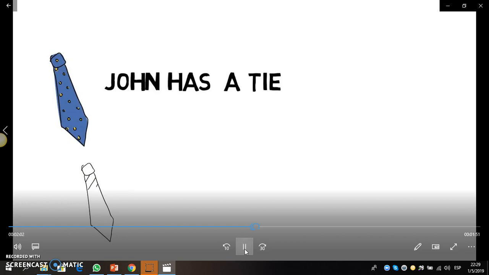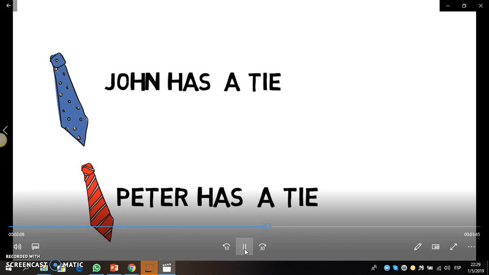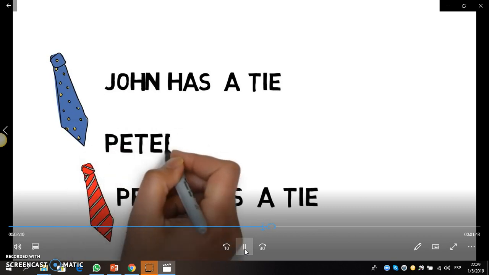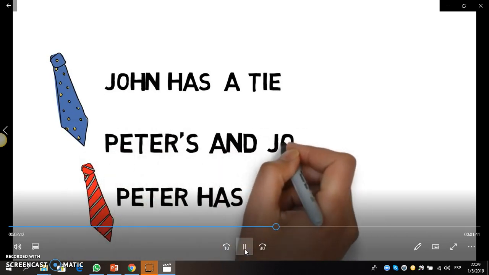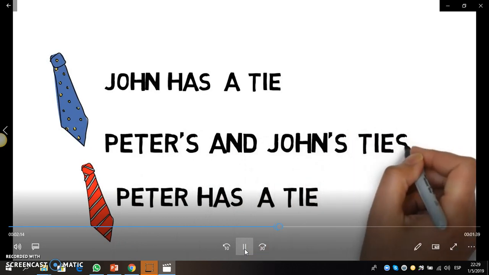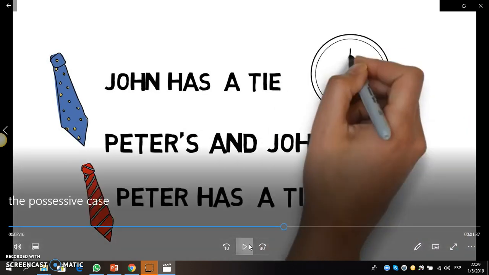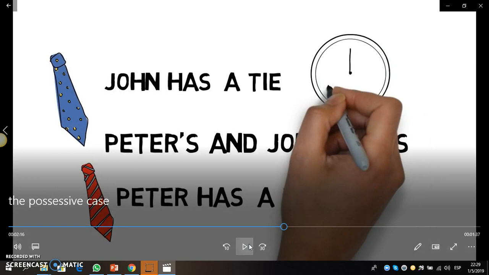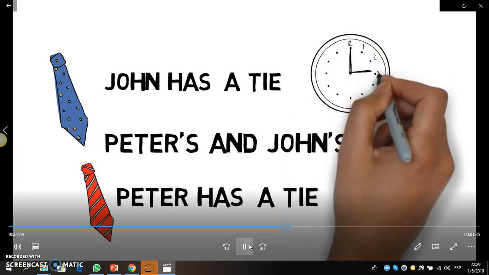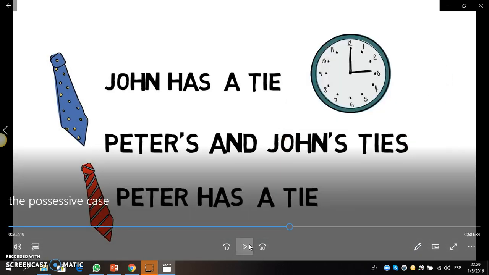John has a tie. Peter has a tie. Peter's and John's ties. That means that Peter has one tie and John has a different tie.